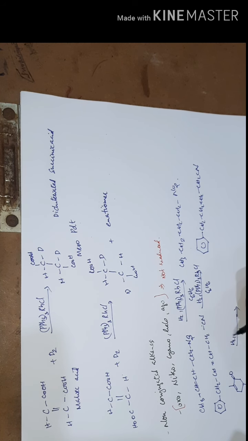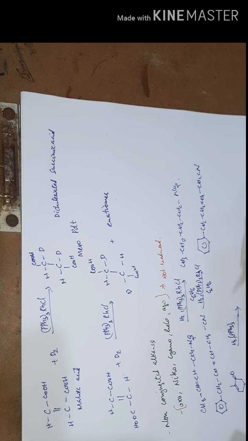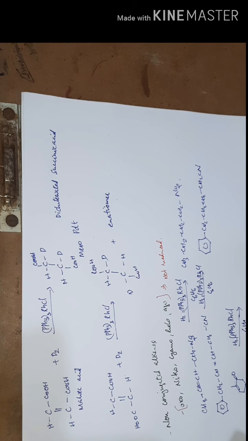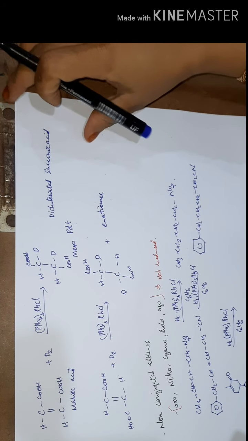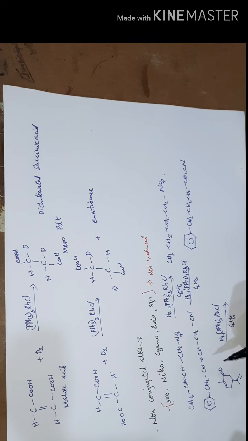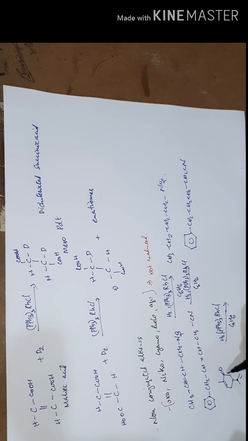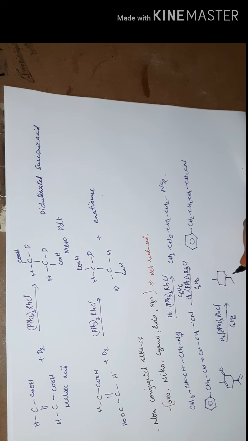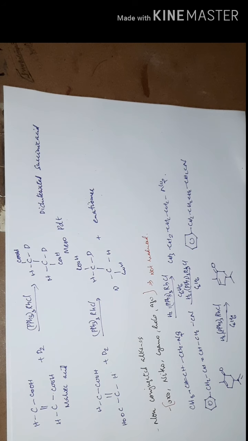In the presence of the catalyst, only this double bond is reduced. The other C=C double bond, which is in conjugation with the carbonyl functional group, is not reduced in the presence of this type of catalyst. So the product will be like this. This is the product.